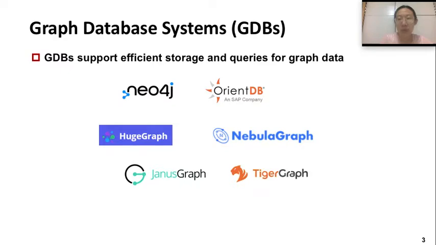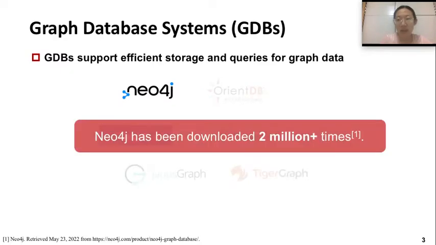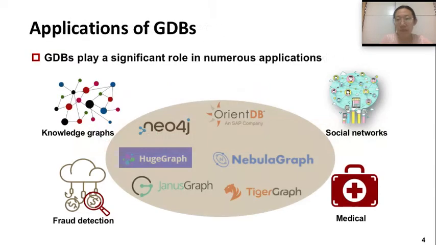The popularity of GDBs has increased dramatically. For example, Neo4j has been downloaded 2 million times. Nowadays, GDBs play a significant role in numerous applications, such as knowledge graphs, social networks, fraud detection, and medical.